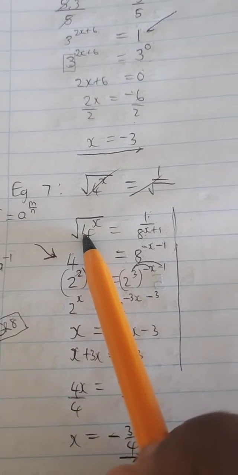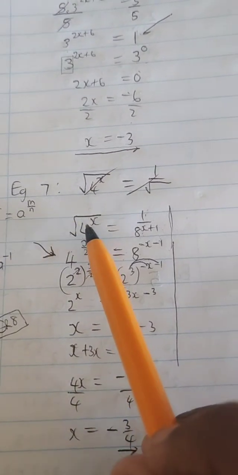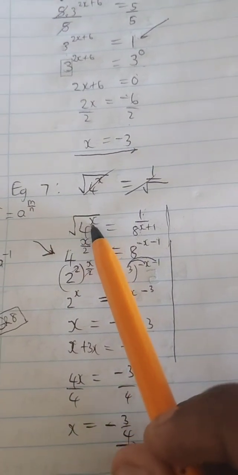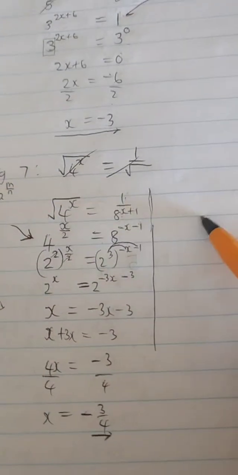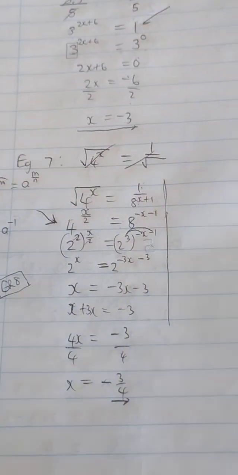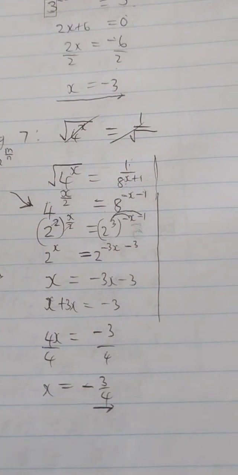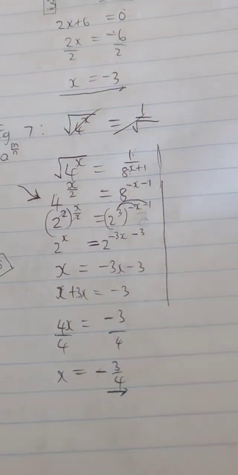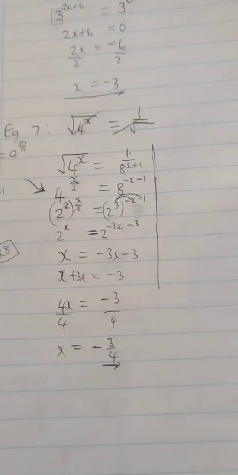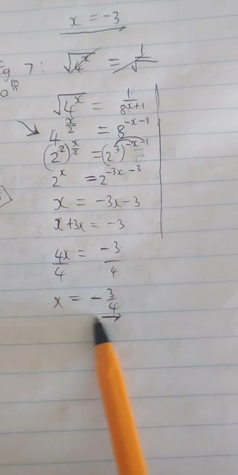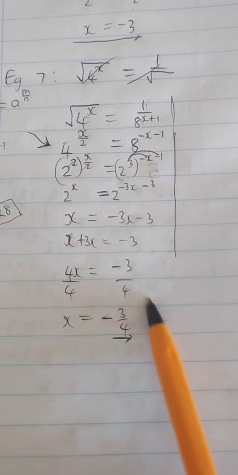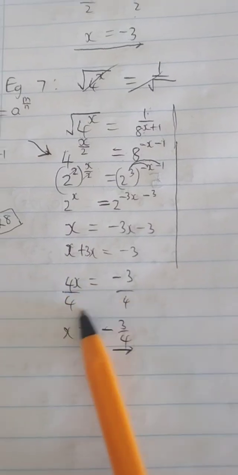Or you could have just initially, from the beginning, changed the 4 to become 2 to the power 2, raised to the power x. Then you apply the root form, you simplify, you do the left and the right, and you get the answer. Okay, right? So there are many ways to do this and you will still arrive at the same answer. Okay, does that make sense?